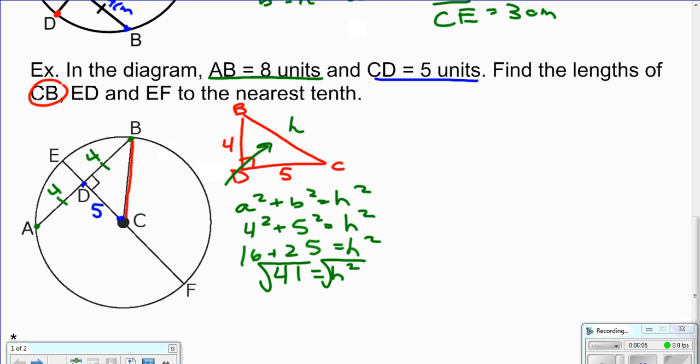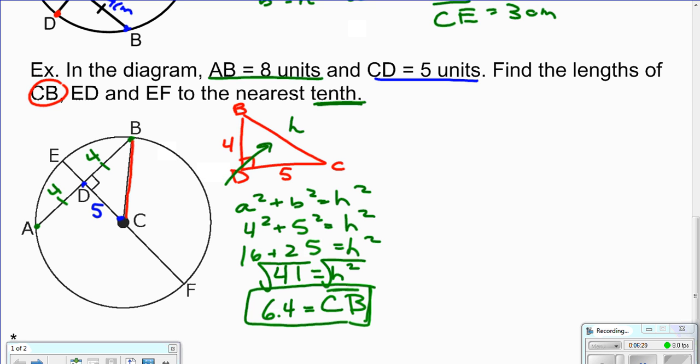And so 41 is not a perfect square, so when we square root it, we do get a decimal and we need to round. The question is telling us to the nearest tenth. So square root of 41, we get 6.4. And so that's for length C to B. So side length CB, or the hypotenuse, was 6.4.